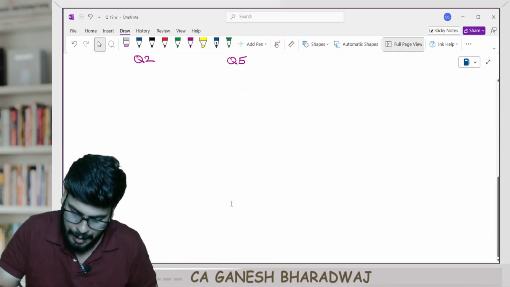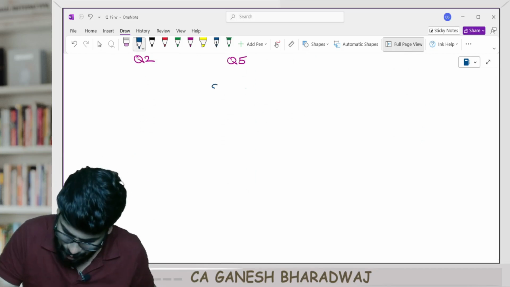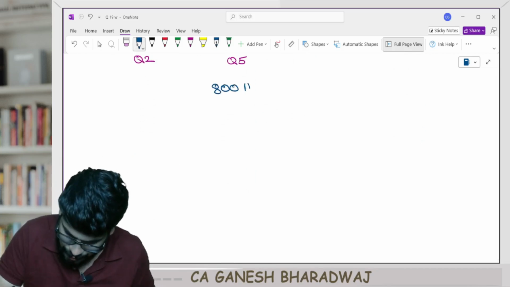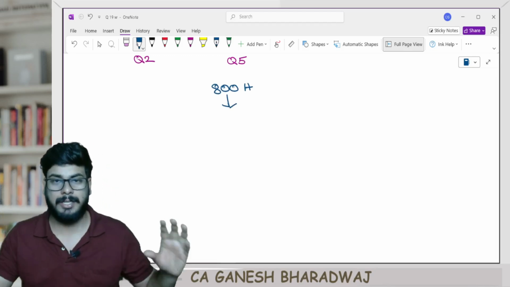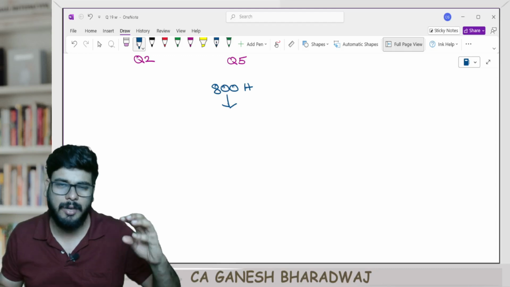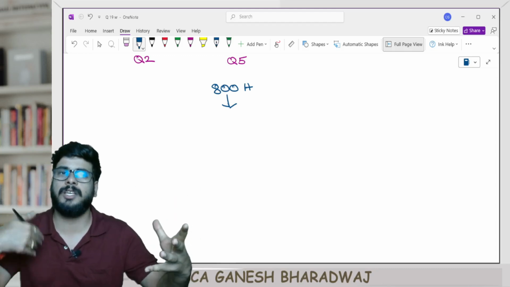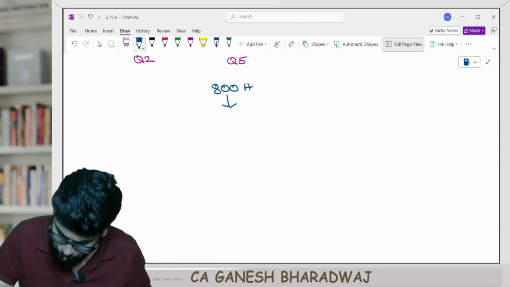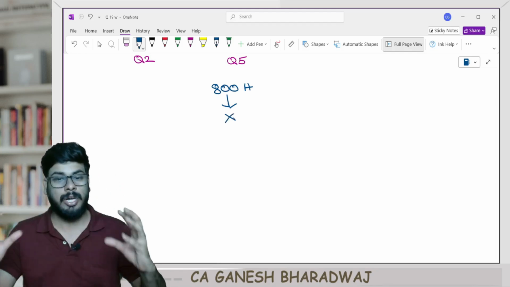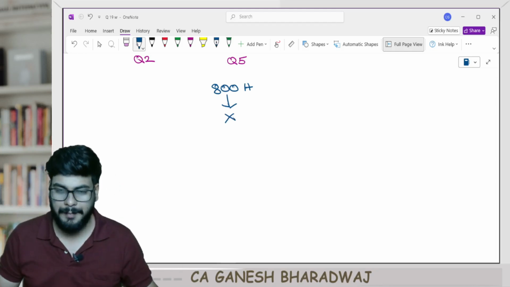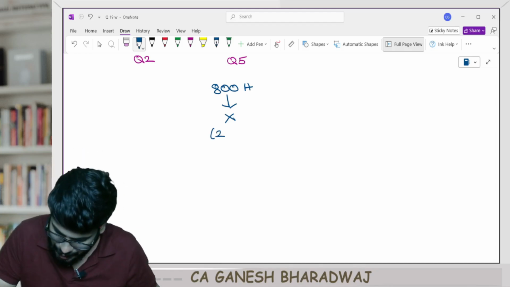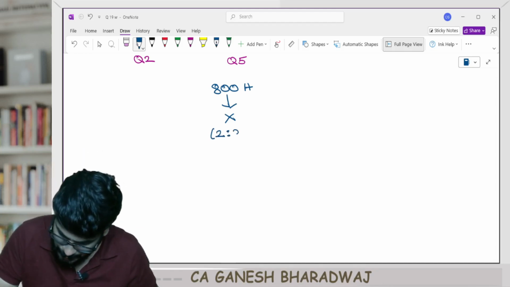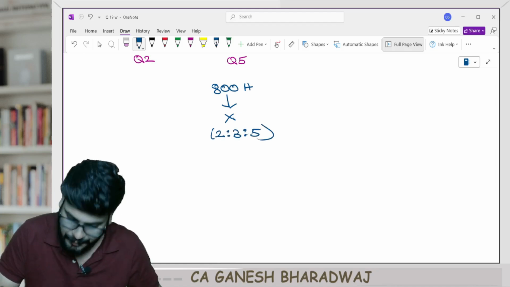So I have a total of 800 hours, right? And let us say I am supplying A plus B plus C, the three products, meaning your school bags plus water bottle plus geometry box put together. Let's say the total number of units is X, right? So this is being given in the ratio of 2 is to 3 is to 5, right?